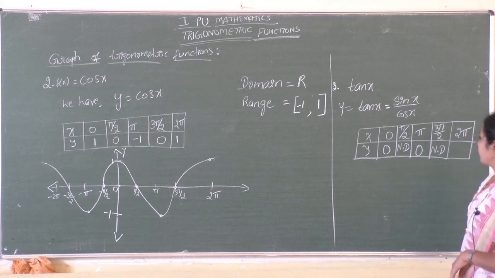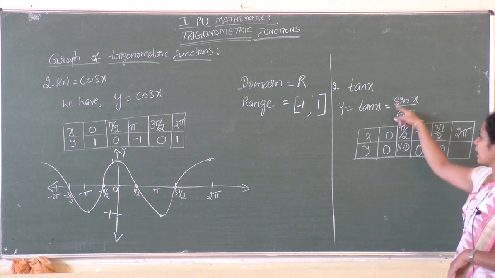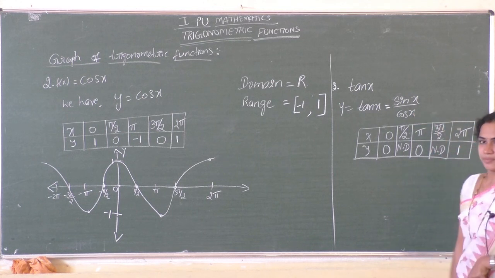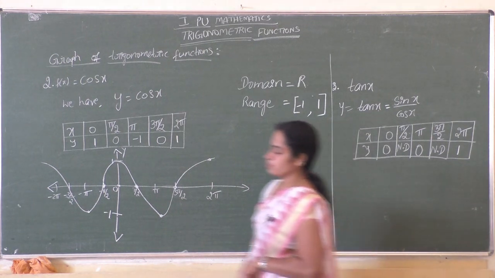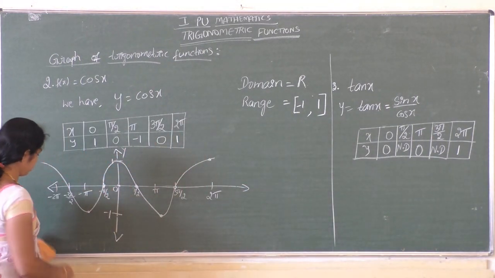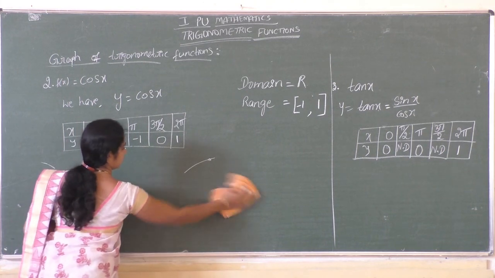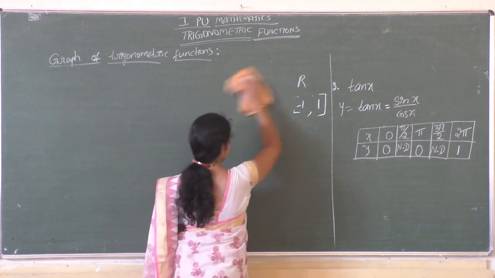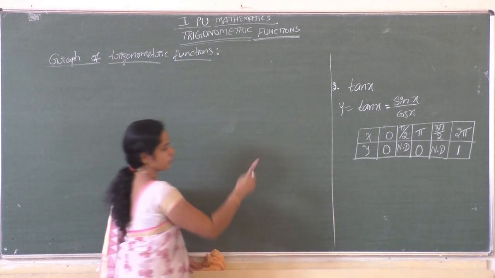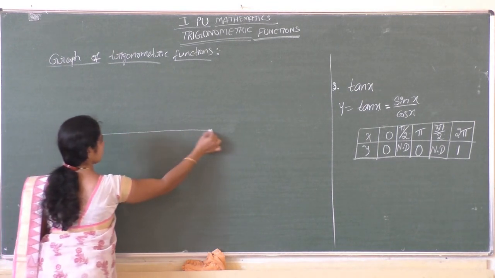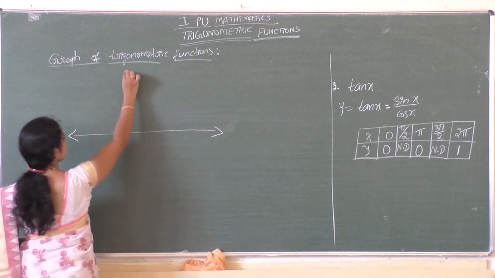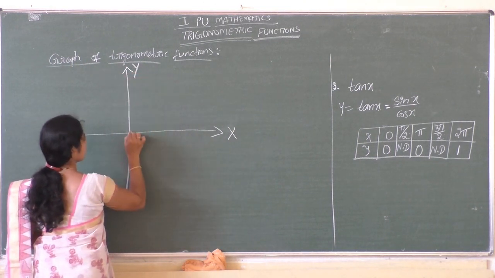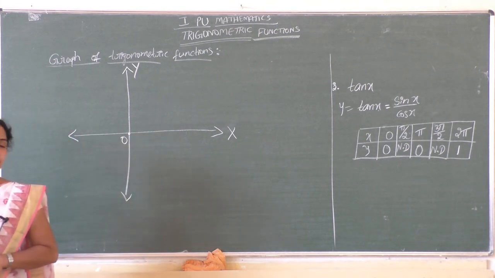What is the value of tan 2 pi? Sin 2 pi is 0, cos 2 pi is 1, 0 by 1 is 0. Okay, let us draw the graph now. Say y equals tan x. Draw the x-axis and y-axis, origin 0.